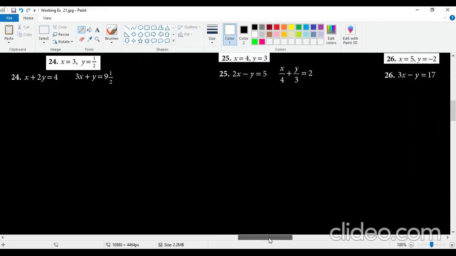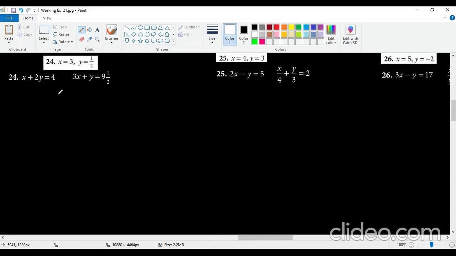Now in here I'll be using decimal values, writing 9 whole 1 over 2 as 9.5. So I will write x plus 2y equals 4, and the second equation is 3x plus y equals 9.5.